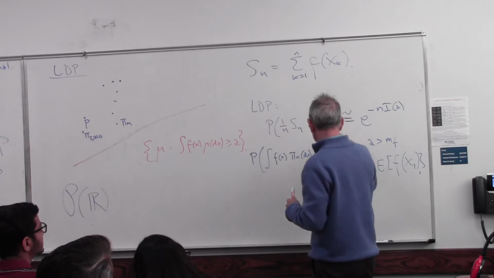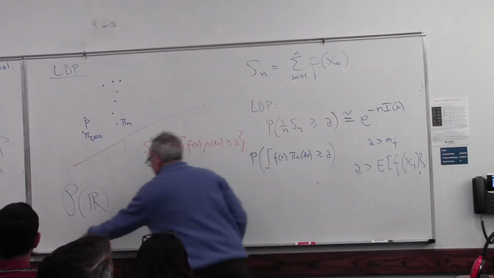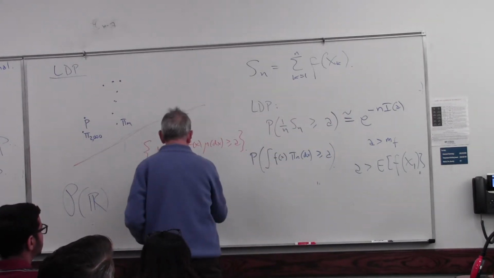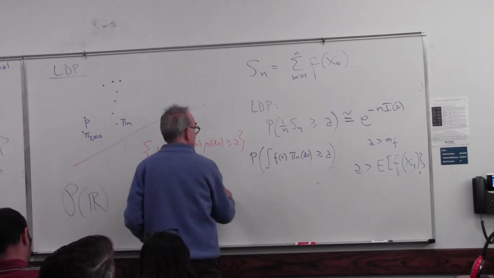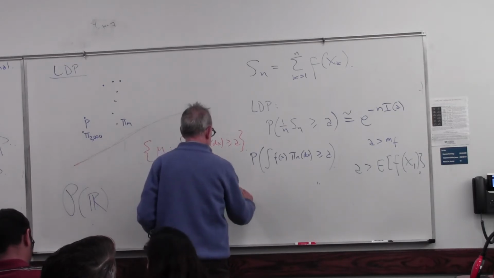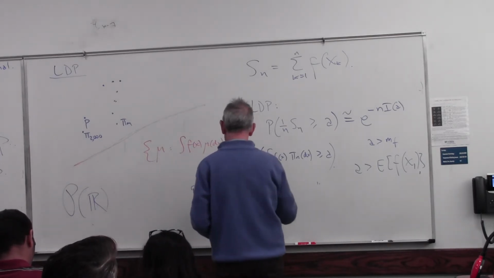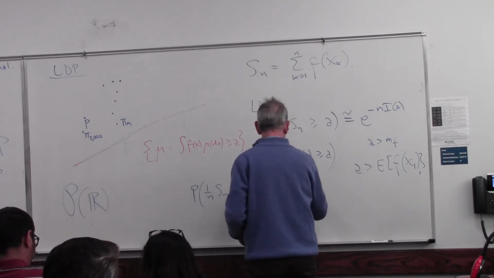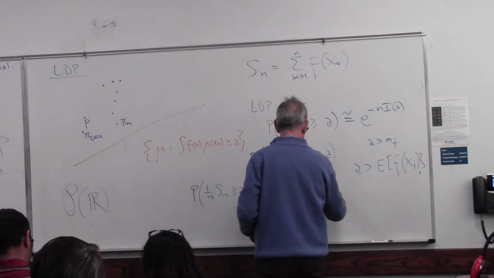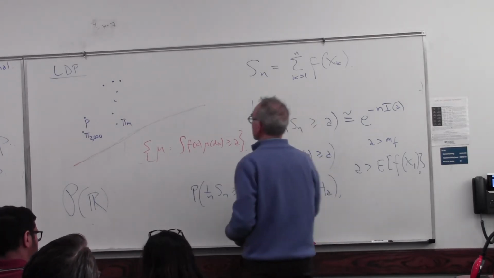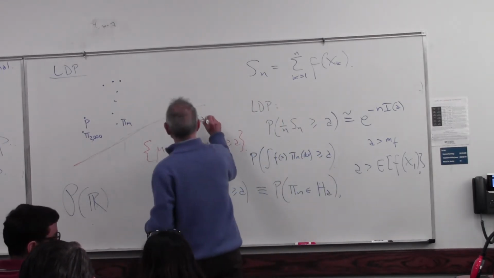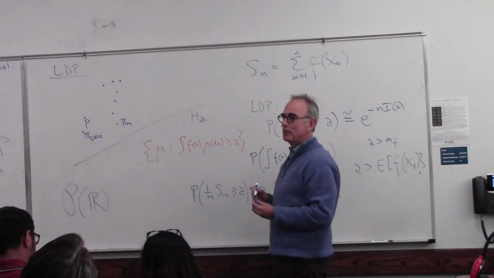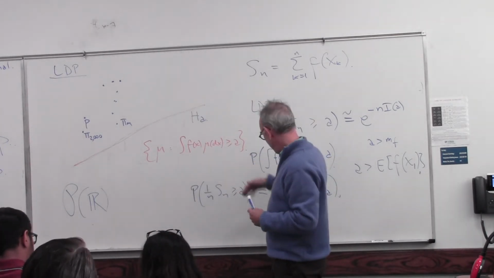so this question, the LDP question, so this thing that was supposed to be red, I'm calling that HA.